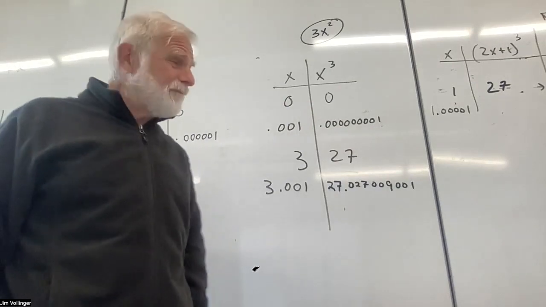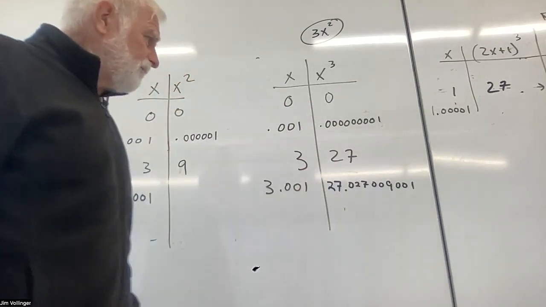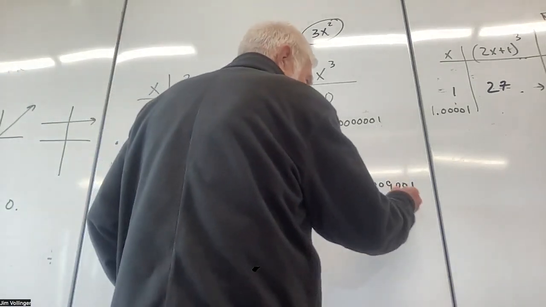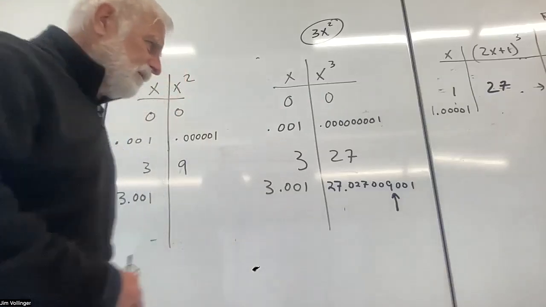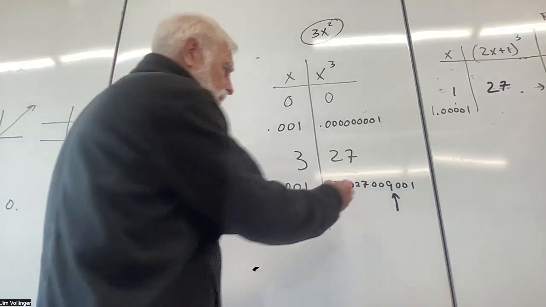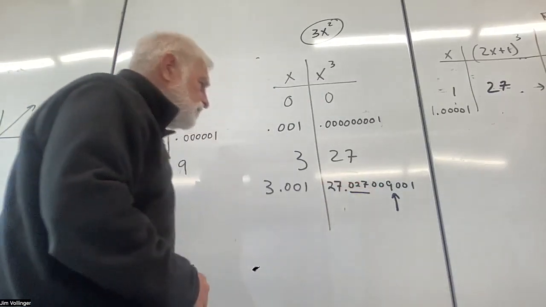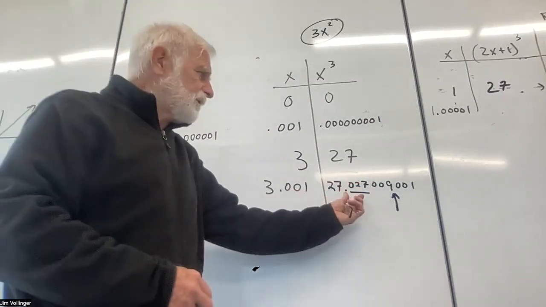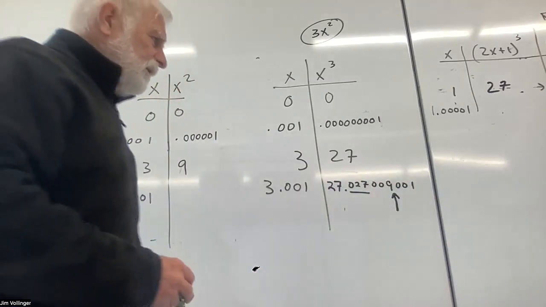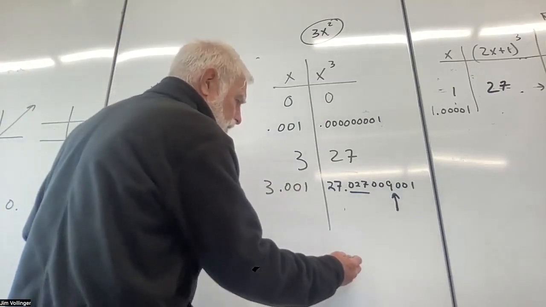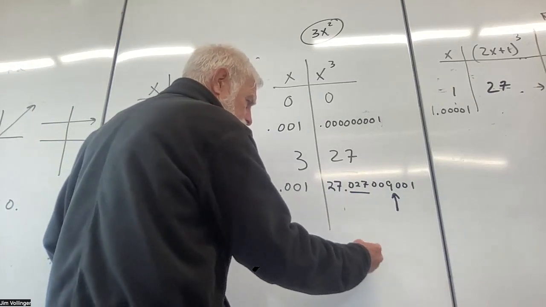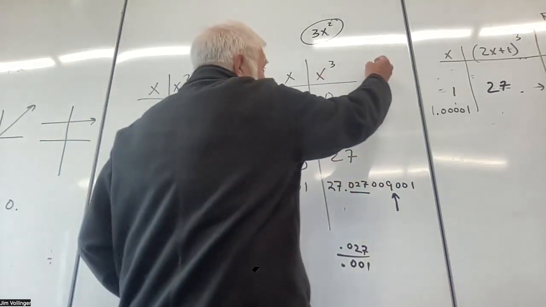But if you went from 3 to 3.001, you've got your 3x squared: 3 squared is 9, times 3 is 27, that's 3 times the side length, and then it ends in 1. And we can see that the change 0.001 into 0.027 fits the derivative of x cubed, which is 3x squared.